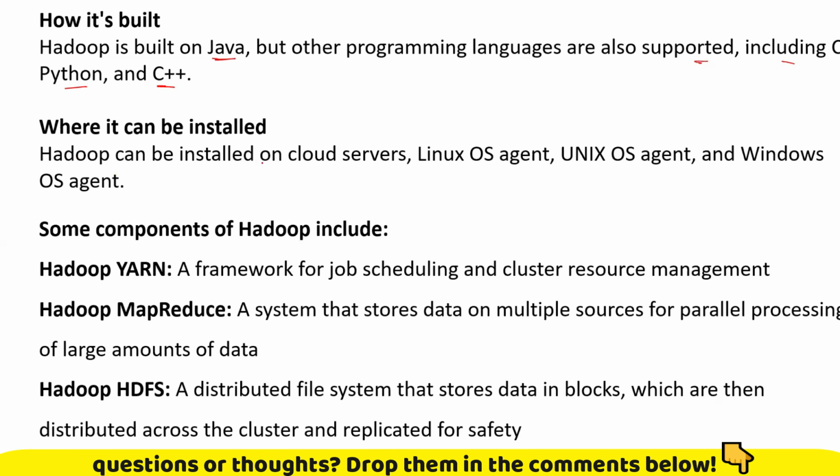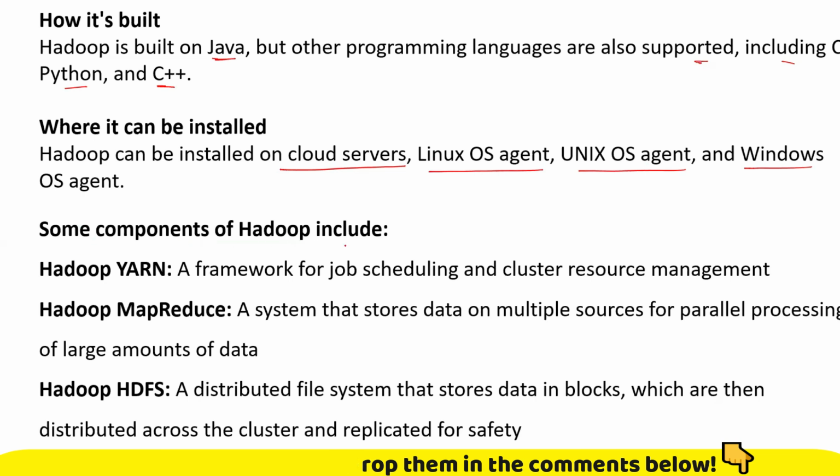Hadoop can be installed on cloud servers, on Linux, Unix, or Windows operating systems. Or we can use it if we have an on-premise setup, which is now getting less and less. So it supports basically Linux, Unix, or Windows.